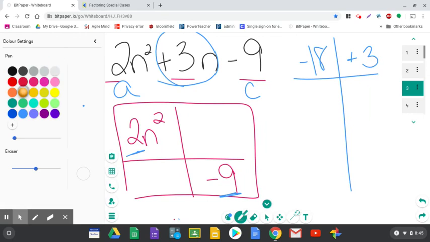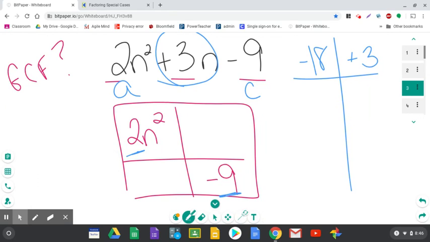All right, so factors of -18. 1 and -18, -1 and 18, 2 times -9, -2 times +9, 3 times -6, and -3 times +6.